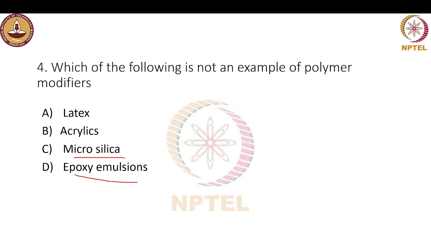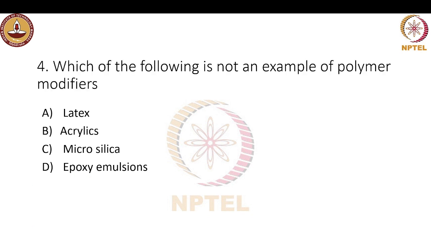The microsilica is mostly a filler material, not a polymer modifier. So the answer is microsilica. Epoxy emulsion is a type of polymer modifier only.